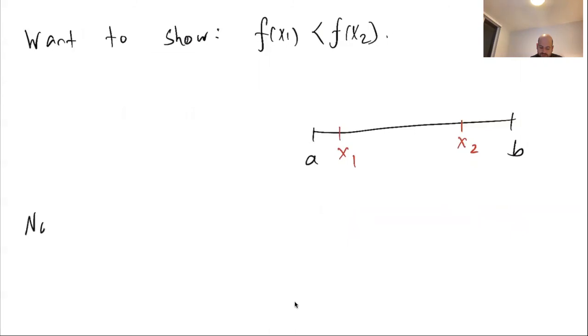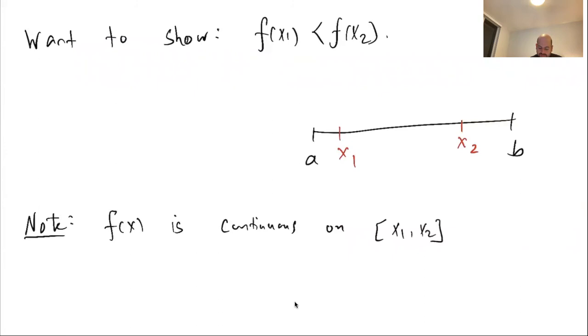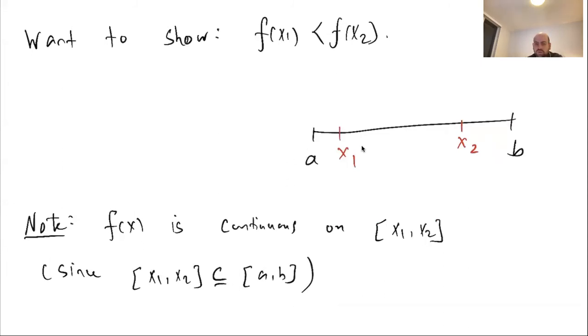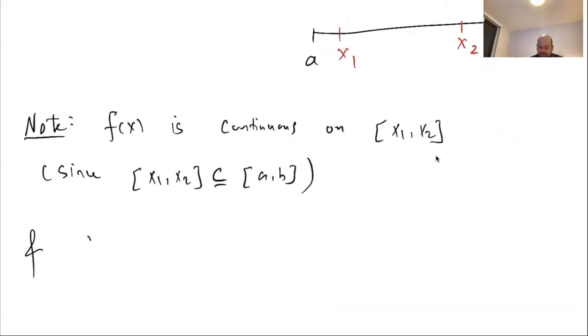So note that f of x is continuous on x1 and x2, since x1 and x2 is a subset of a and b, right? If f is continuous on this whole interval, of course it will be continuous on a sub-interval as well. Similarly, f is differentiable on the open interval.